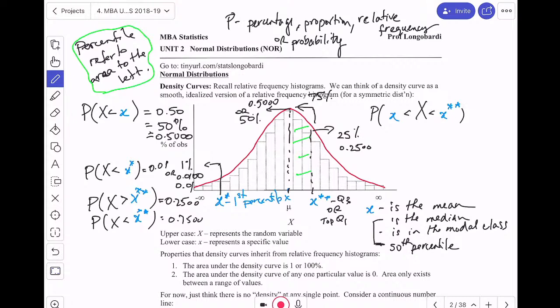That means between. So the area between, or the probability of falling between X and X double star, is equal to 25%.